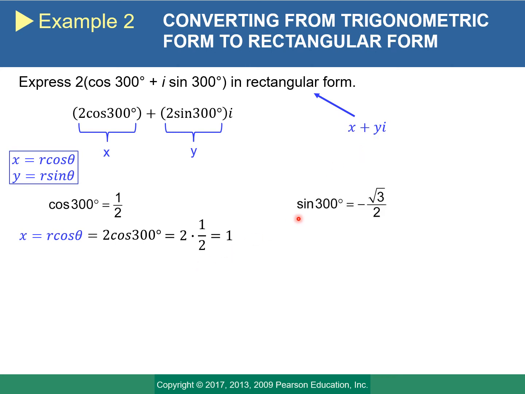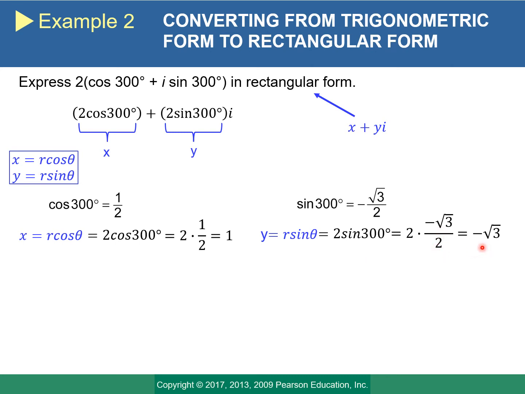So we do the same thing for sine. So sine 300 degrees, using your calculator or unit circle, is negative square root 3 over 2. Y is r times that value. So for us, that's 2 times sine 300. And we get 2 times negative root 3 over 2, just giving us negative root 3.